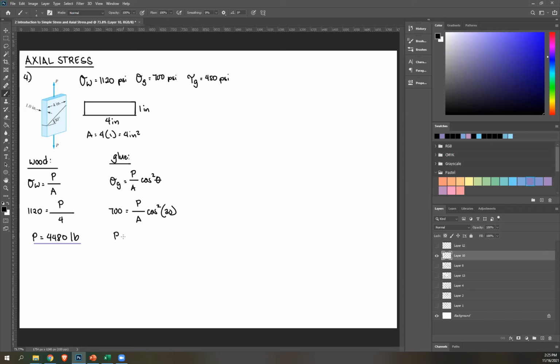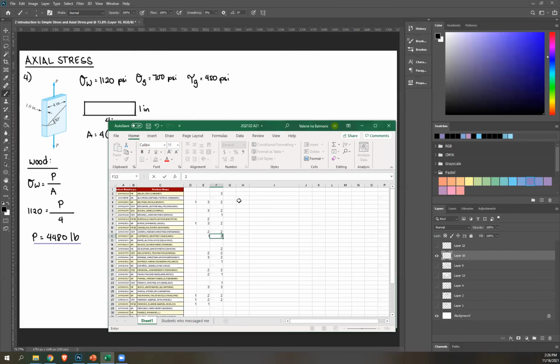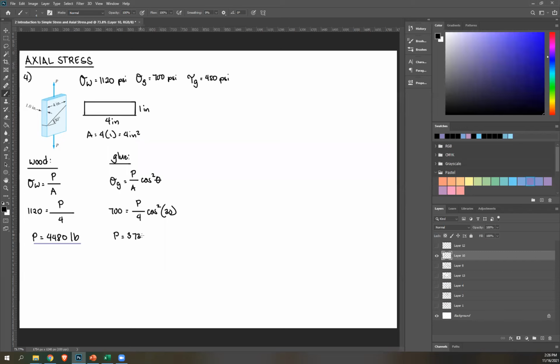From this, please solve what's P. Correct, Janelle and Gwyneth. It's 3733.33 pounds. And once again, that's just a possible answer.